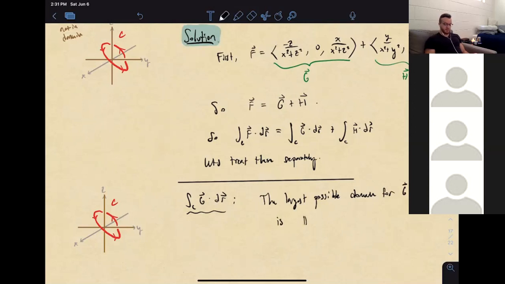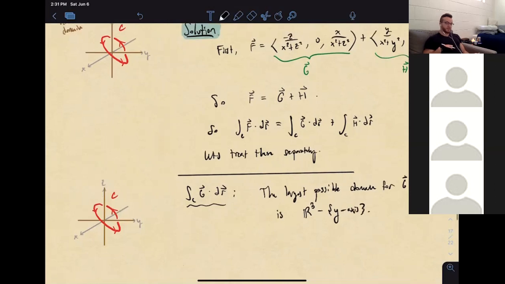So it is everything except the y-axis. So that means in this picture, where we only care about G, I don't have to remove the z-axis, right? The only thing I have to remove is the y-axis.